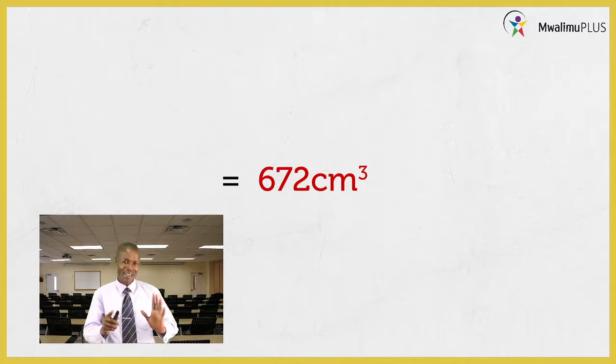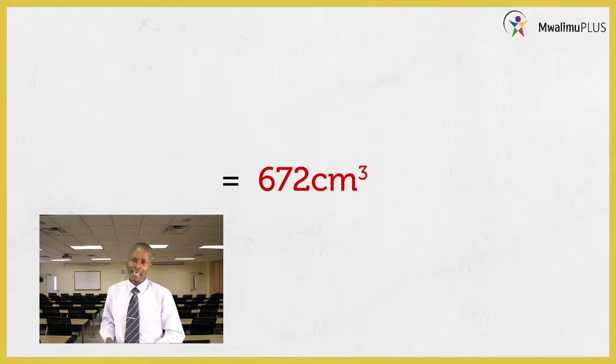Now, having seen this, we introduce ourselves to the next lesson, which we are supposed to do today, and then we see if there is a link between the previous lesson and this one. We are still in capacity, and we are talking about conversion of milliliters to liters and vice versa.